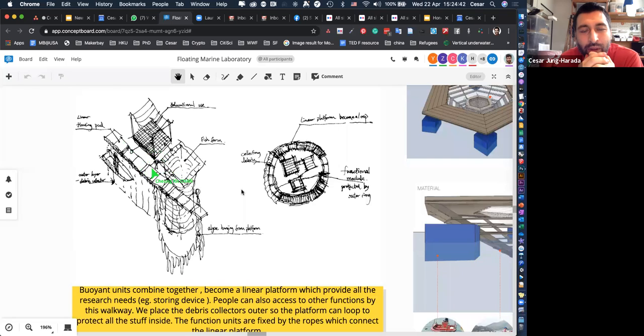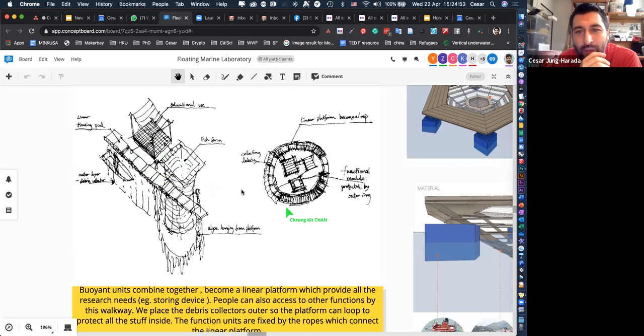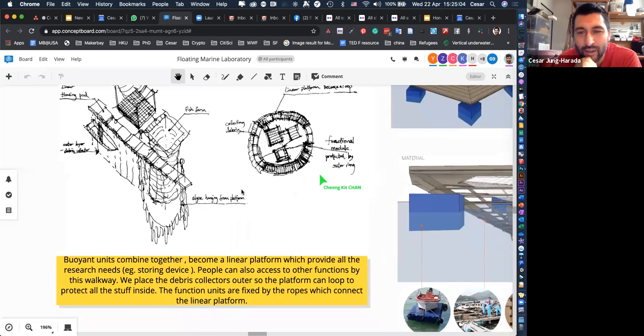I'm not sure yet, but I think this dimension looks okay for us to build. I think it's definitely possible. Fish farm, education use, and collection of debris. I see. Cool. Thank you.